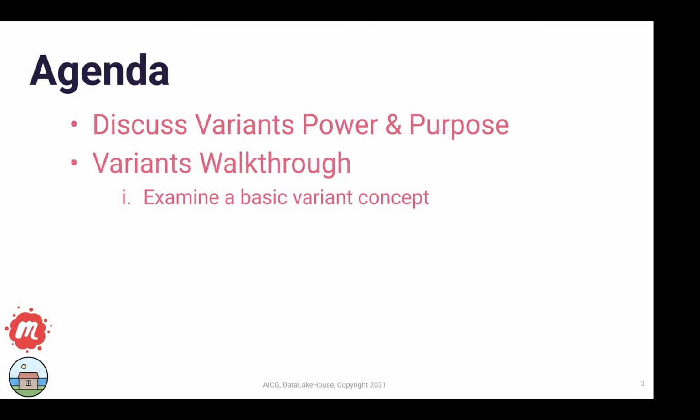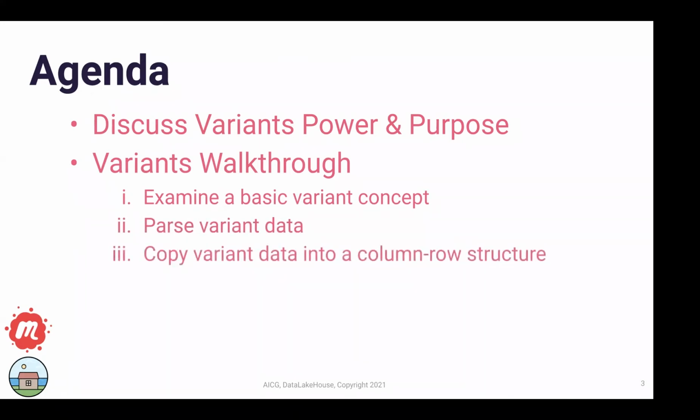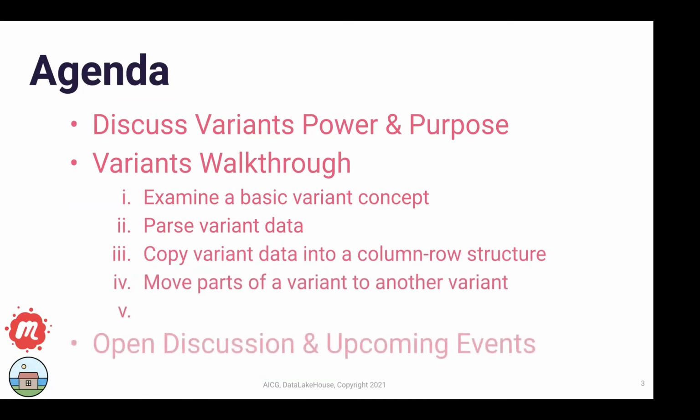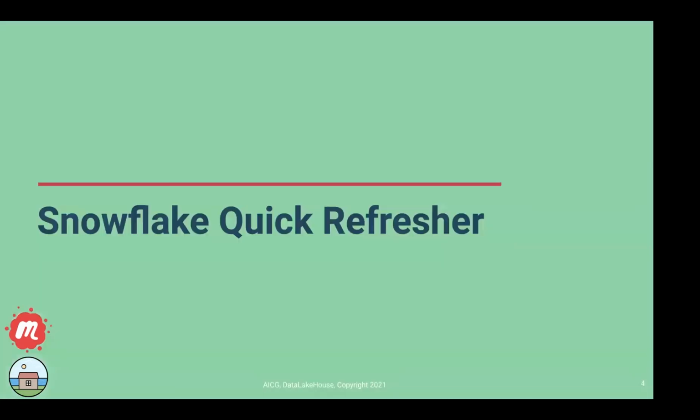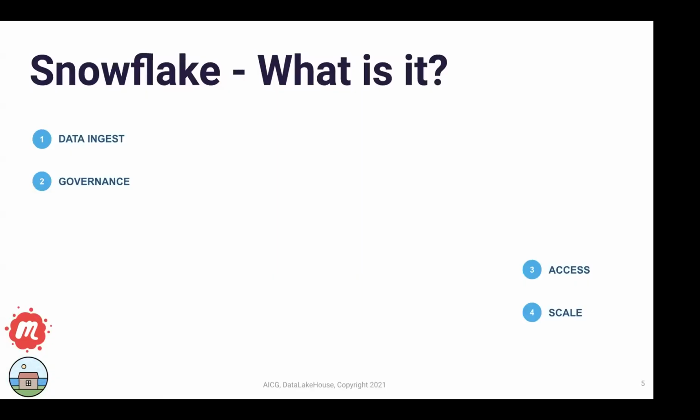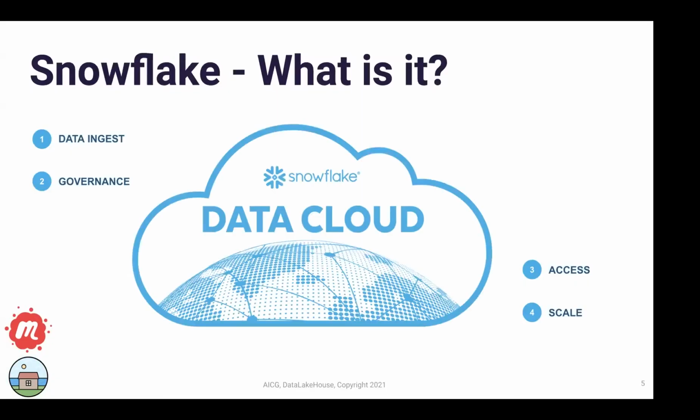In this case, that type is a data type. We'll talk about how we can parse the variant data that we load into a variant data type, how we can copy variant data into a standard relational structure, and how to move things around in variant data types. Then we'll have some ability to discuss and look at some future events.